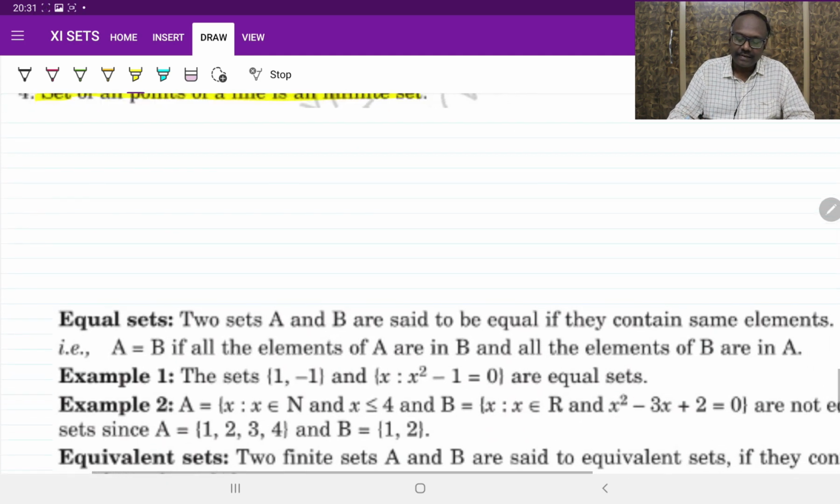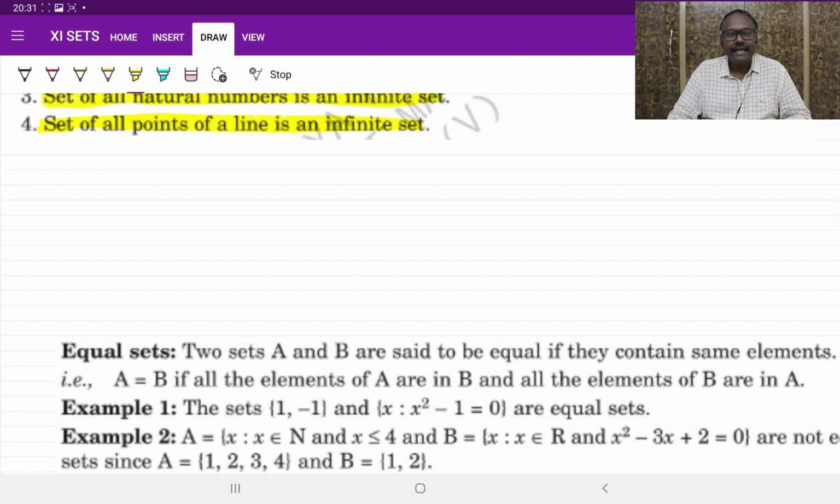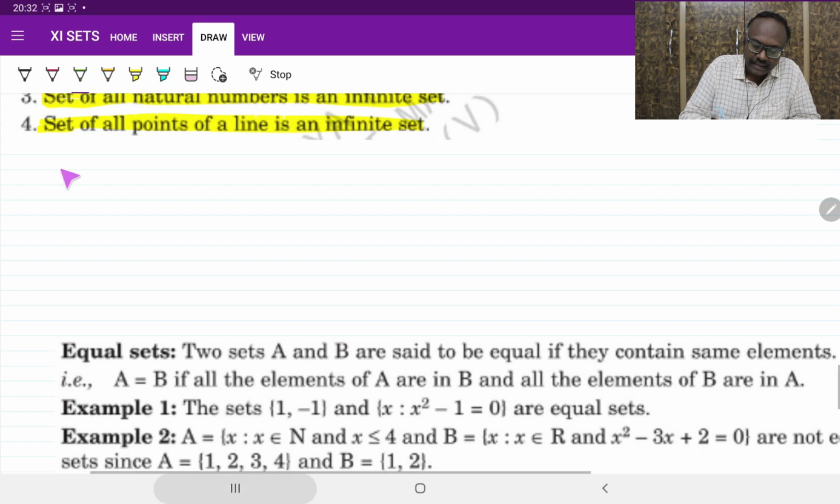Next, we have something called equal sets and equivalent sets. To understand that, first of all, let us find what is the meaning of the cardinal number of a set. So let us write down what is cardinal number.